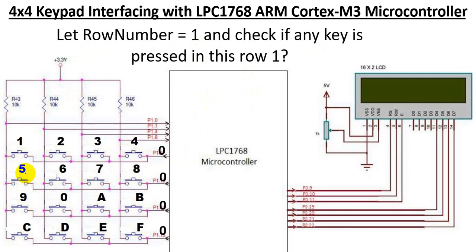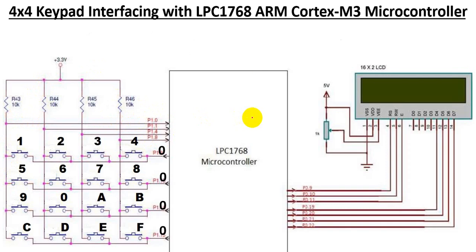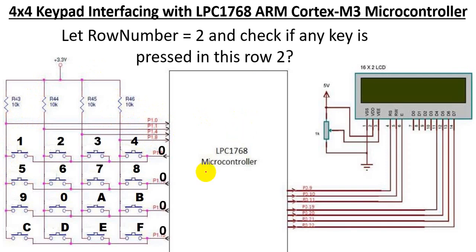Right? So I have not pressed any of these keys. What will happen? This acts as an open circuit. So in that case, 5 it is connected to column 0 and this is connected to where? High. So hence all these pins will also read high. So we didn't find a key press even in row number 1. Then I will make row number equal to 2.